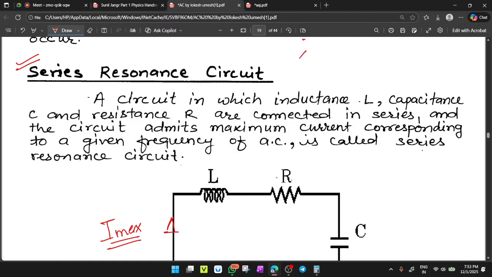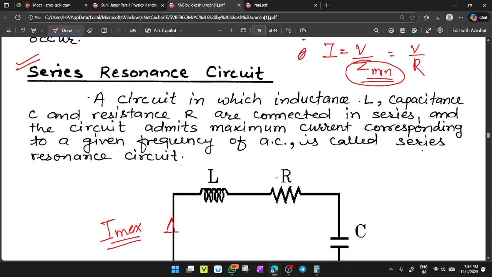Whenever the current is maximum, by the formula I equals V upon Z, Z should be minimum. Yes or no? And the minimum value of Z equals R, means the circuit should behave like a pure resistive circuit, and to behave like a pure resistive circuit, it should have the criterion XL equals XC, means inductive reactance should be equal to the capacitive reactance.